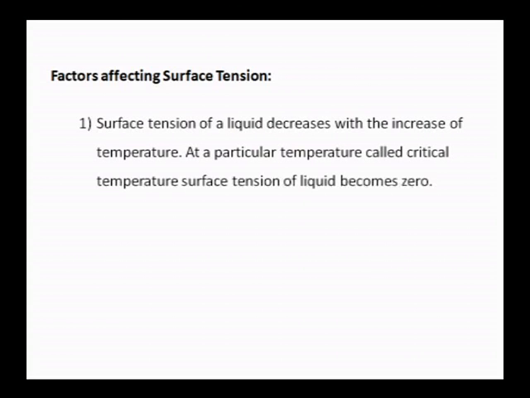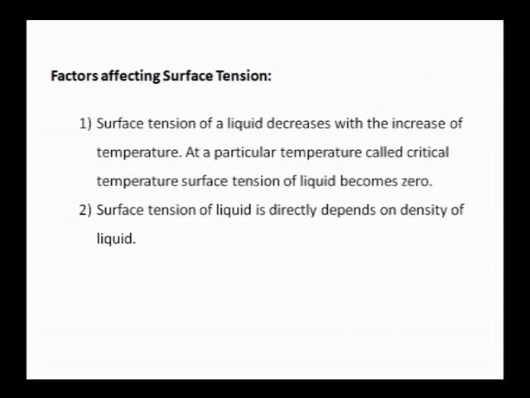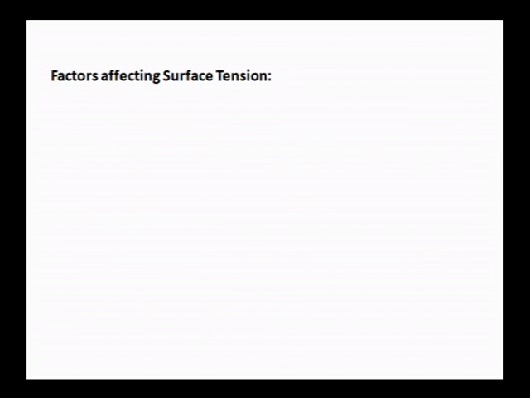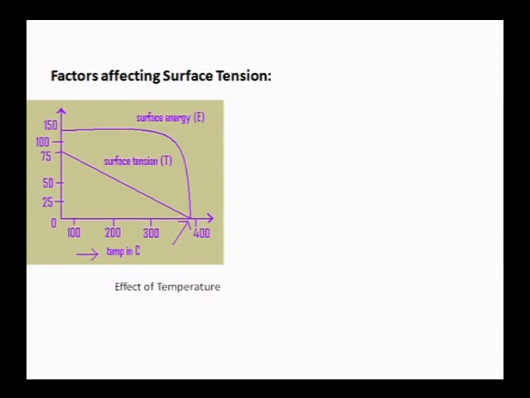At a particular temperature called critical temperature, surface tension of liquid becomes 0. This is the graph of surface tension versus temperature. We can see as the temperature increases, the surface tension decreases.